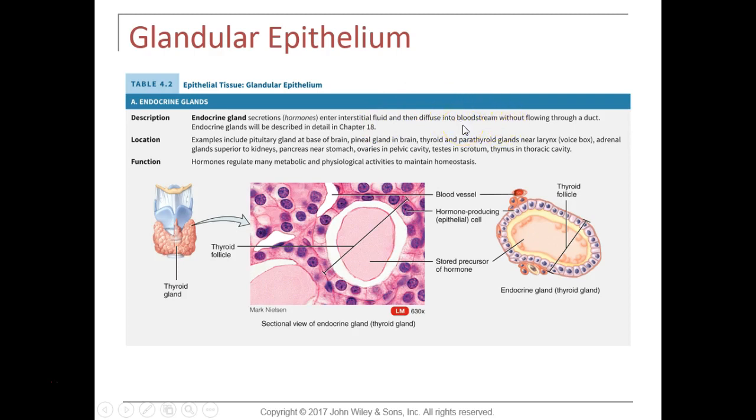Now, it's beyond the scope of this class to cover all of the endocrine glands and what those hormones control in the body. But all of the hormones that are secreted from endocrine glands in some form or fashion help regulate all of our homeostatic, physiologically controlled conditions that we covered in chapter 1.